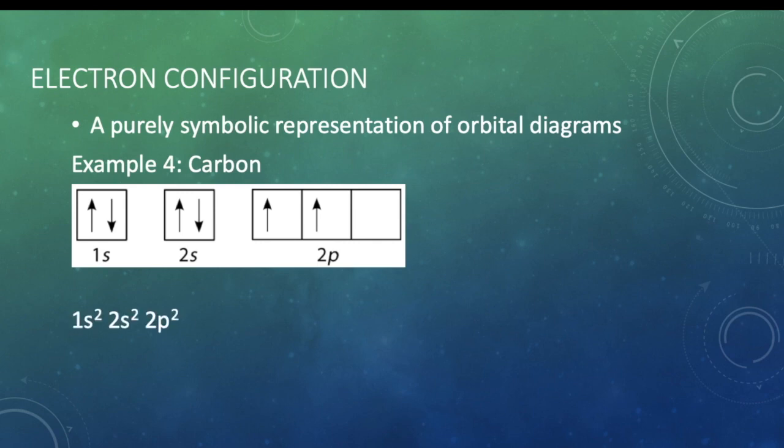So instead of drawing 2 arrows in a box labeled 1s, we have 1s superscript 2, 2s superscript 2, and 2p superscript 2. So for electron configuration, you're going to use the same process as orbital diagrams. It's just a little bit simplified.